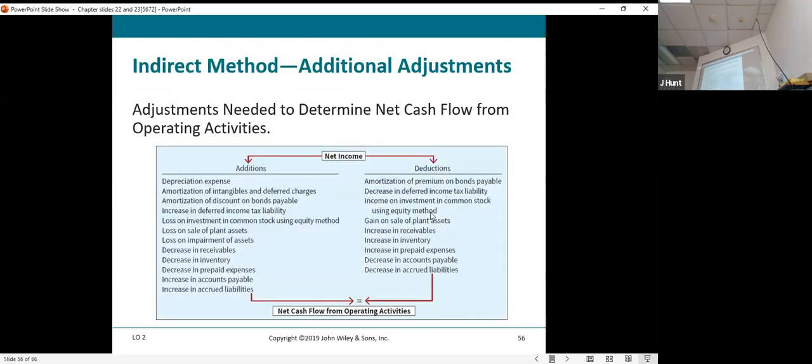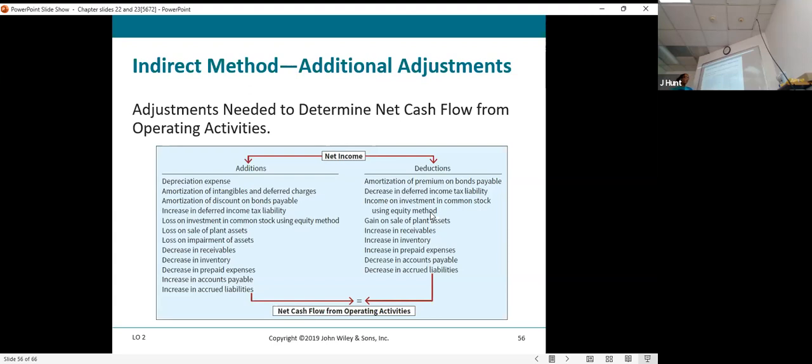So I like this slide. It's not easy to read from here, but you'll see it when I circulate it. It is good because for that first section, the cash flow from operating activities, it tells you all the things that you should add and all the things that you should subtract.